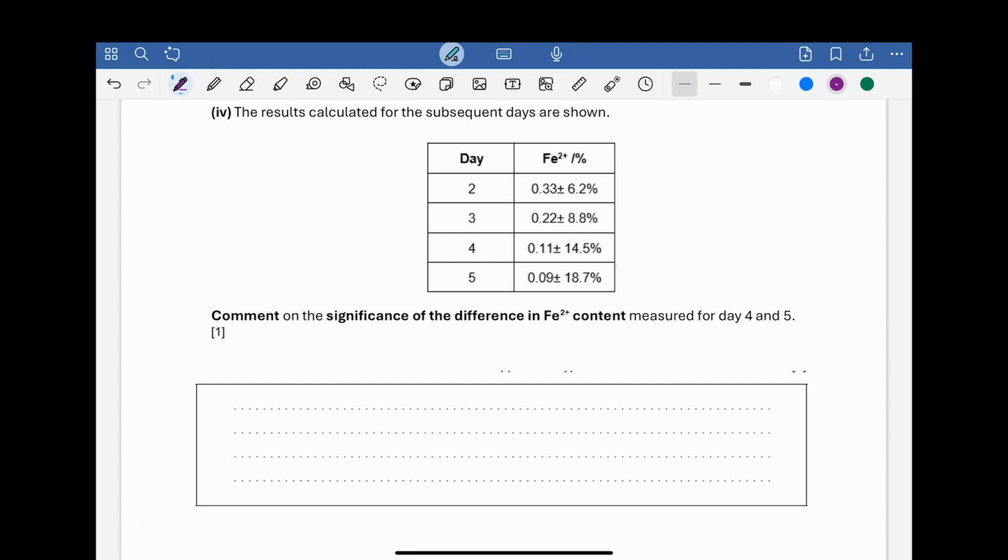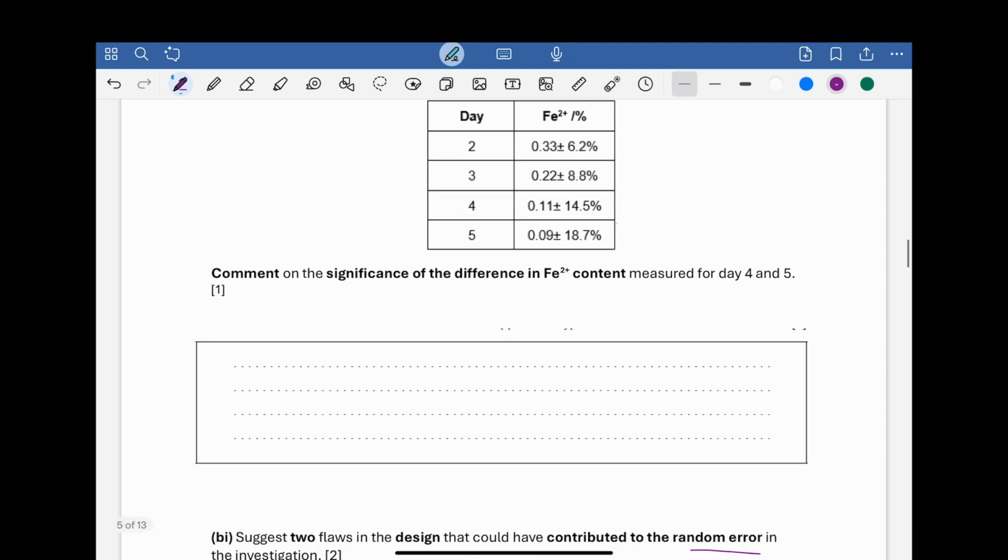For the results calculated for subsequent days are shown. Comment on the significance of the difference in iron 2 plus content measured for day 4 and 5. For day 4 we have 0.11 plus minus 14.5%, and day 5 we have 0.09 plus minus 18.7%.